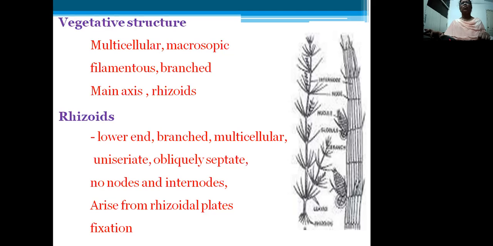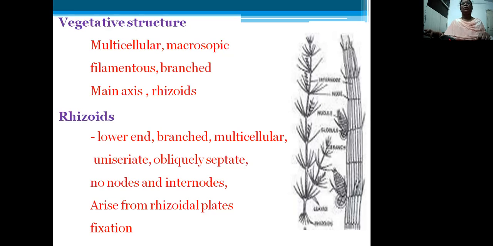They also have 4 to 6 nodes. In the axil of these branches of limited growth, there are branches of unlimited growth. They arise in the axil of these clusters of branches of limited growth. These branches of unlimited growth bear the sex organs like antheridium and oogonium.